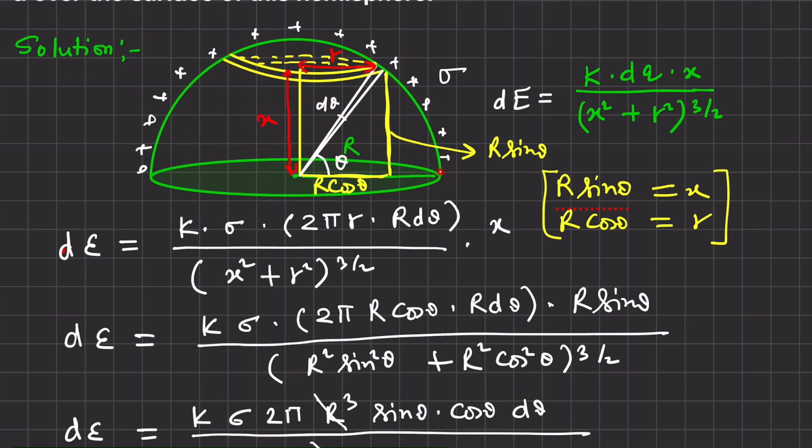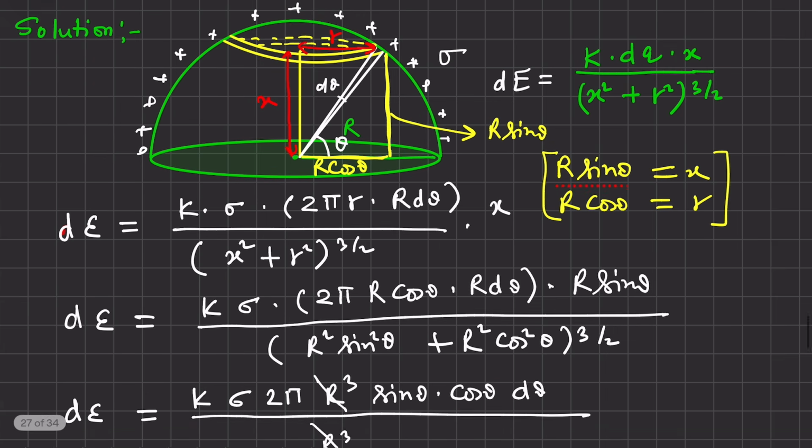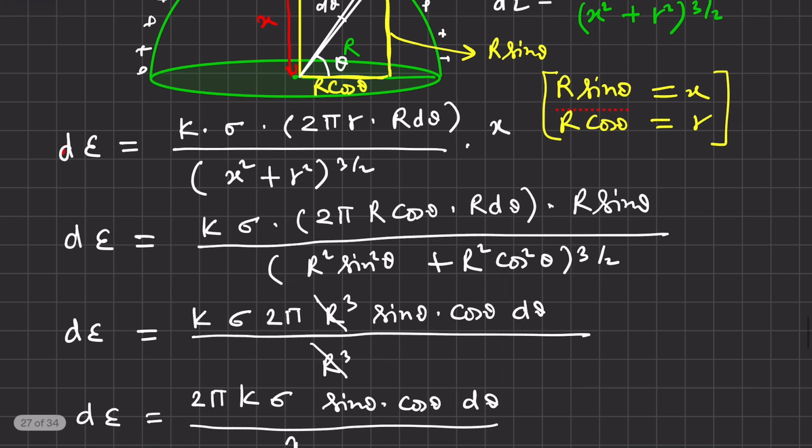To get the lowest element, theta should be 0, and for the upper, smallest ring element, theta should be pi by 2. It means theta is changing from 0 to pi by 2 to accommodate all the ring elements that exist on this spherical shell.